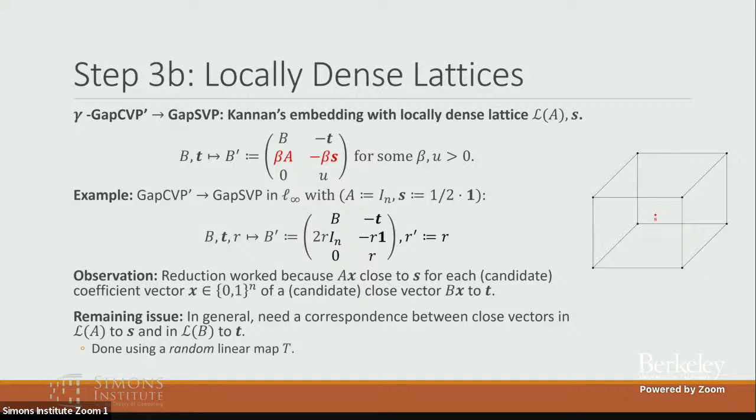Another thing worth noting is that this is another place where randomness is typically used in reductions. The main spot is in constructing locally dense lattices, but we also need it, using current techniques, for generating a map T between close vectors.